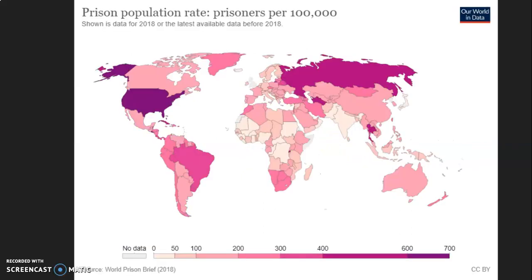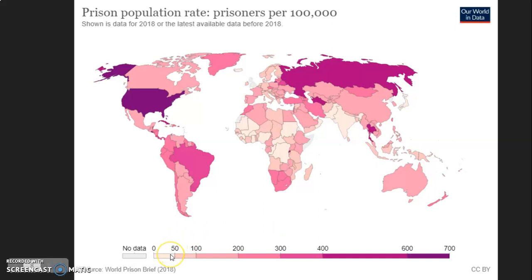Another number we can look at is prison population rate. How many people are incarcerated for every 100,000 people in a country? Once again, dark purple means more people are in jail in those countries.